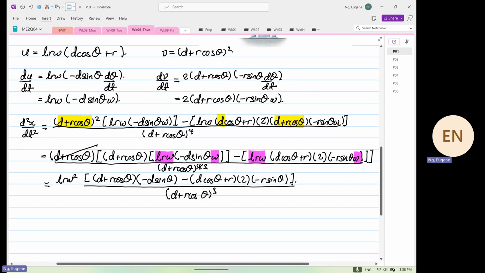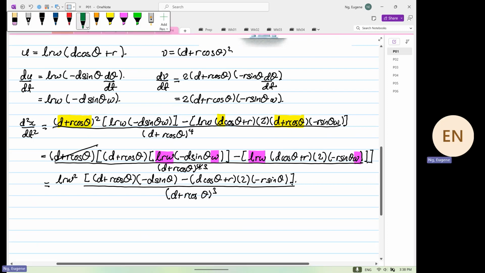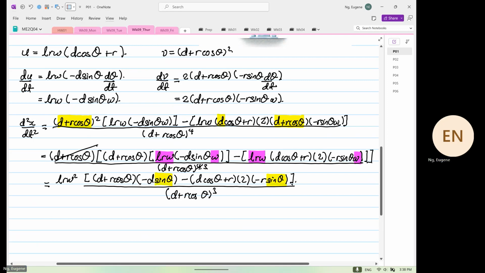Then from here, we have what? I think I've done something wrong. I can also take out sine theta. Sorry, I was blind, not watching things properly. I do apologize for wasting your time. We can also take out sine theta with L r omega squared.